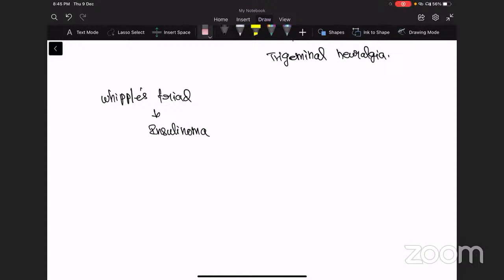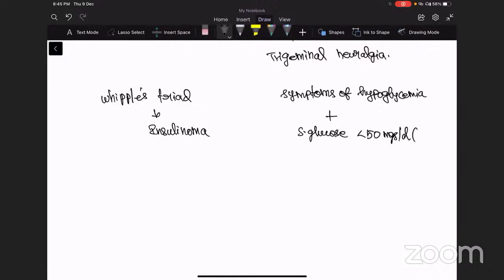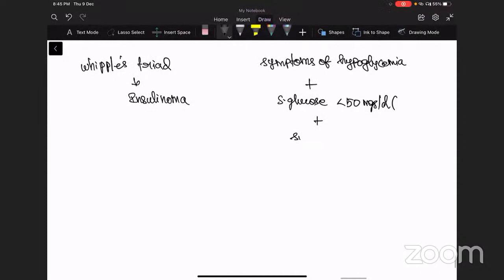The components are symptoms of hypoglycemia plus a serum glucose level less than 50 milligram per dl, with symptomatic relief on glucose ingestion.